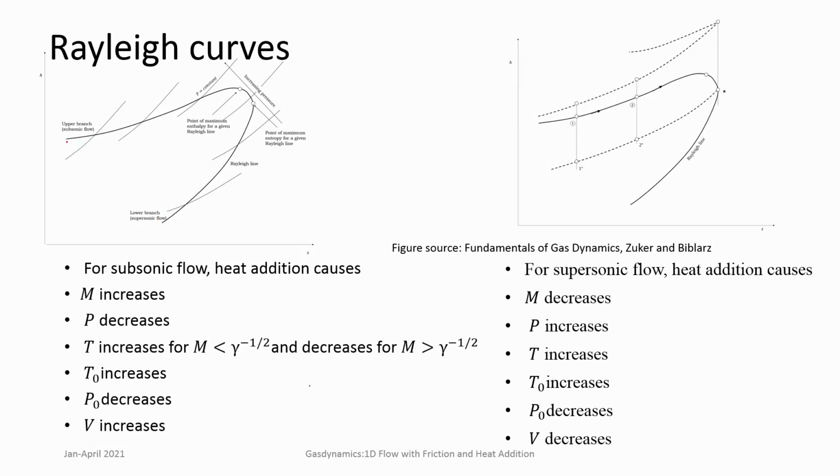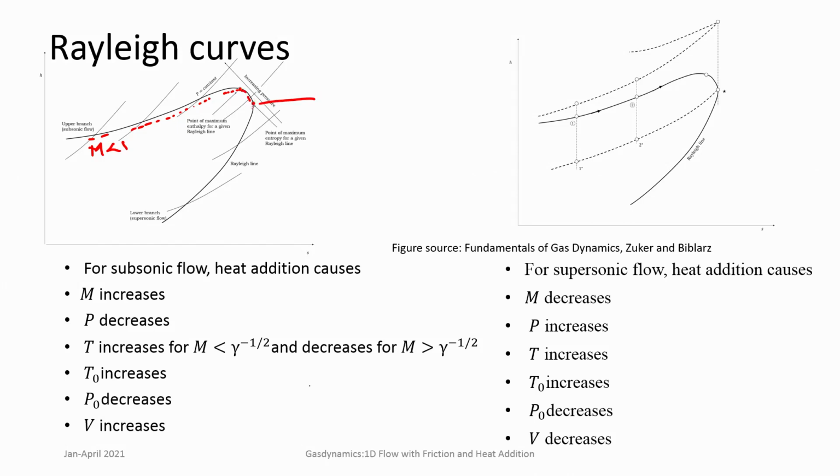One is that if you look at the upper branch, which corresponds to the subsonic flow, Mach number less than 1, and you see how temperature varies in this branch, first the temperature increases up to a maximum temperature. The maximum temperature is achieved at this point, and then temperature decreases, okay, until another point is reached.